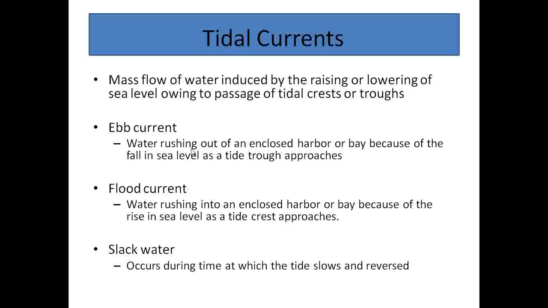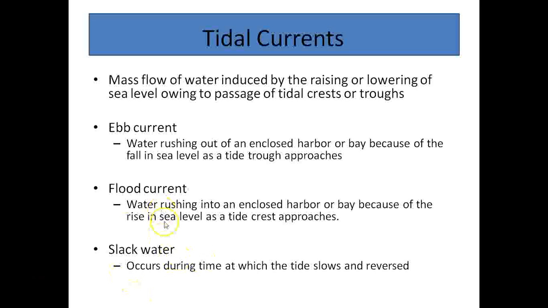So as a trough is approaching, it kind of pulls water outward. Okay, so it's leaving a harbor or bay, so that's a major current that's forming from the pull as the trough is approaching. Flood current is when water is rushing into the enclosed harbor or bay because there's a crest approaching.